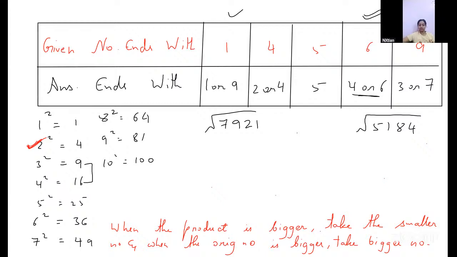Because the product is bigger. What is the product that you are getting? 56. Okay. No, Anaya, it is going to be smaller, because when the product is bigger, we take the smaller number.